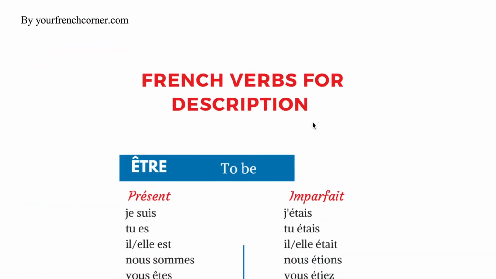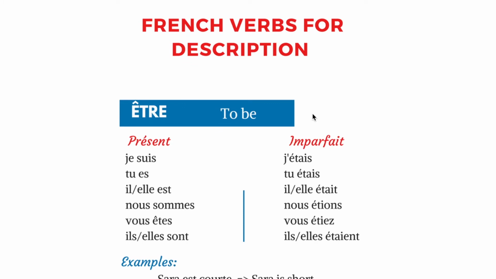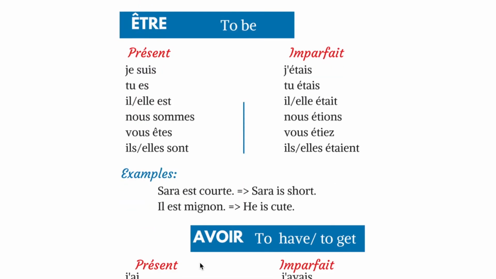Okay, next one. You're going to need a verb. The most common verbs when you're trying to describe someone in French are être, to be, or avoir, to have or to get. And they are often conjugated in one of these 2 tenses, present simple or imparfait. They're pretty easy.